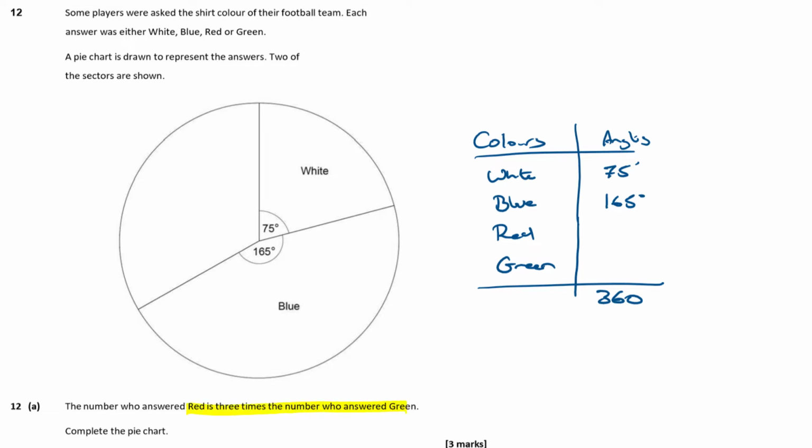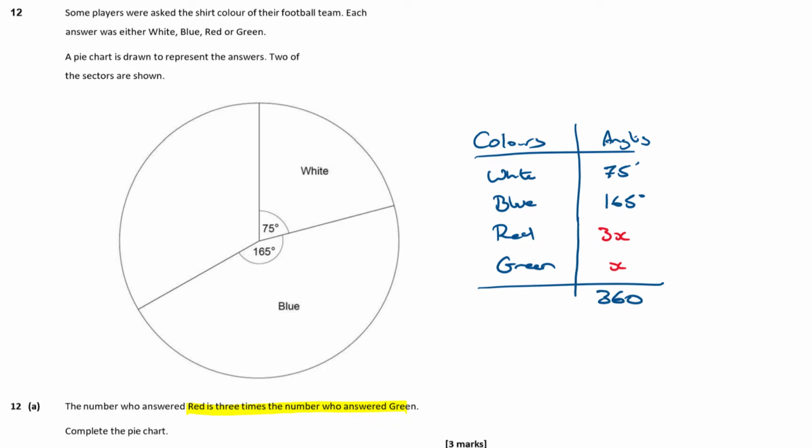Okay. Now we're told that the number who answered red is 3 times the number who answered green. So this one here is 3 times bigger than this one. Now I don't know what they are, so why don't I just call this one X for now. So if green is X, then red is 3 times bigger. That must be 3X.